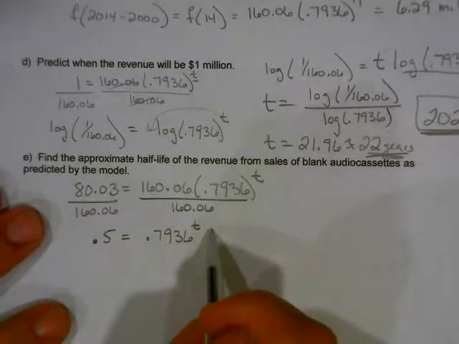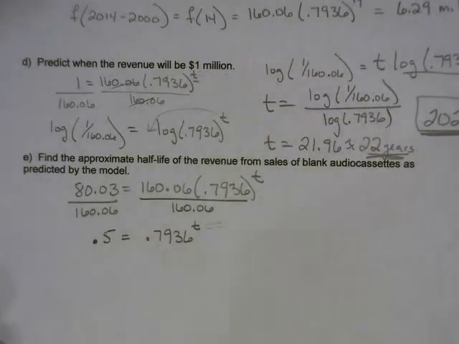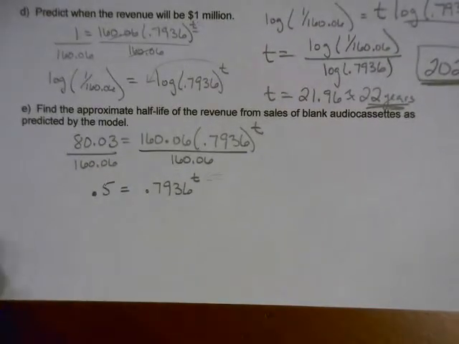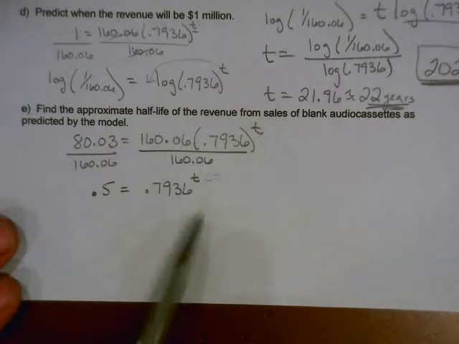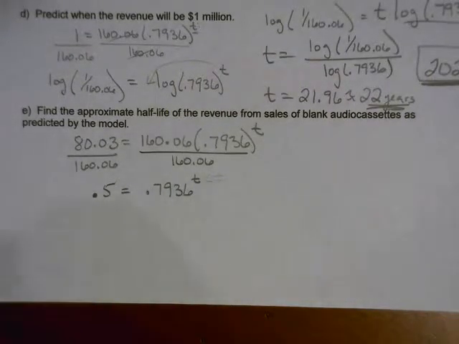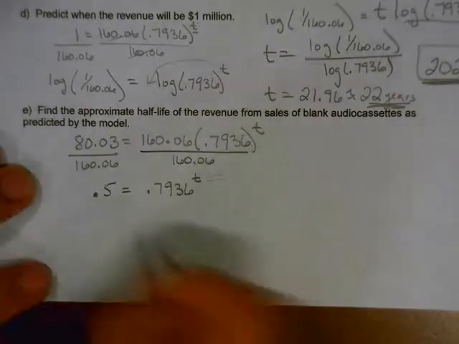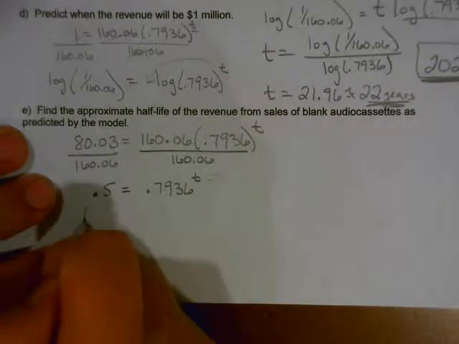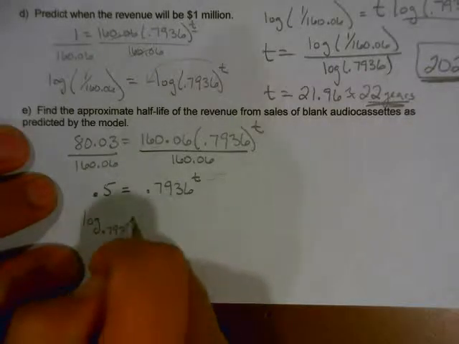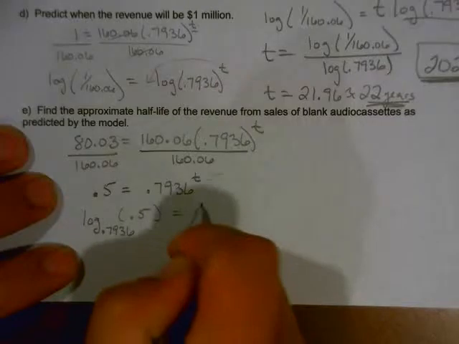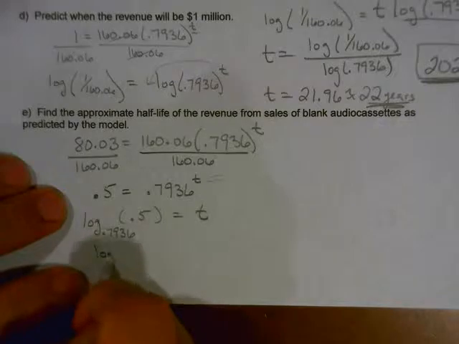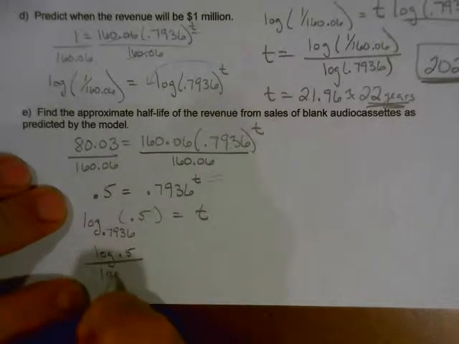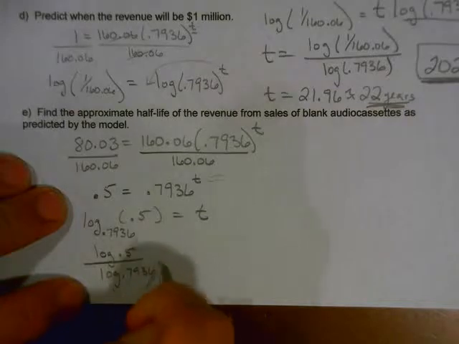So again, we have an equation where we have to solve for an unknown exponent. So we have to go to logarithms. There's no getting away from it. We could actually use our calculator, y1, y2, find where they intersect, but algebraically how we solve this, we have to go to logarithms. So log base 0.7936 of 0.5 equals my exponent t. And if I use my change of base, log of 0.5 divided by log 0.7936 equals t.